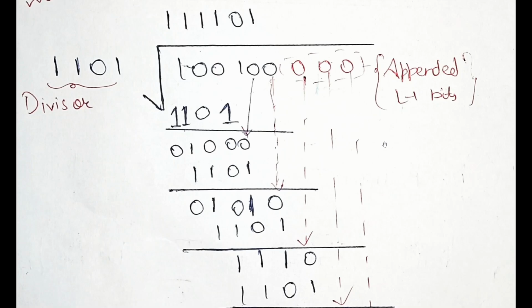Remember, the subtraction of two same bits is 0, and two different bits is 1. Now moving further, look, 1 minus 1 same bits, so it will be 0, then 0 minus 0 same bits, it will be 0, then 1 minus 1 same bits, it will be 0, 0 minus 0 same bits, it is going to be 0, 0 and 1 are different bits, so it is going to be 1. Okay, and at the end 0.